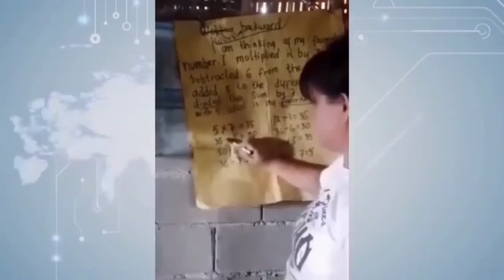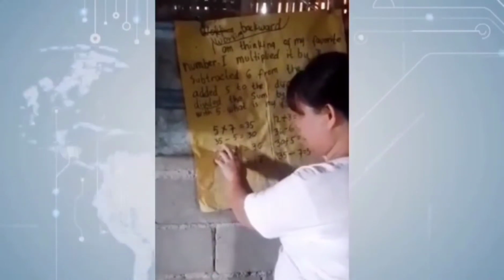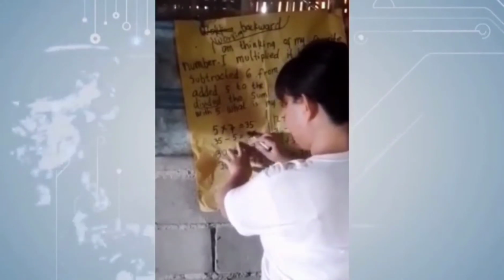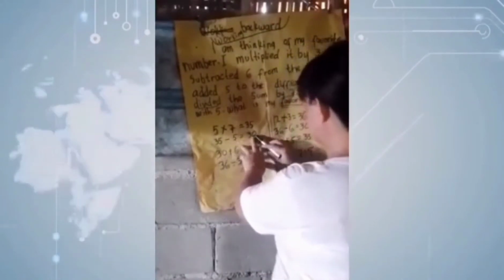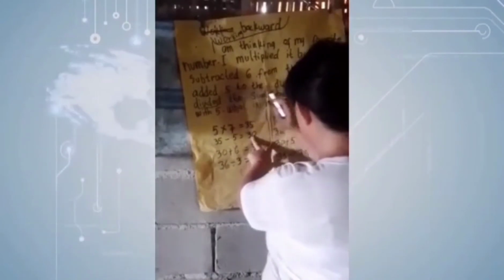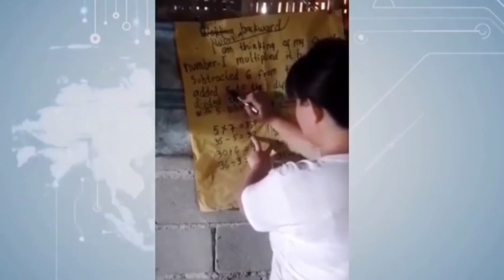So we are going to use this. I added 5, so 35 minus 5 is equal to 30. The answer here is 30.